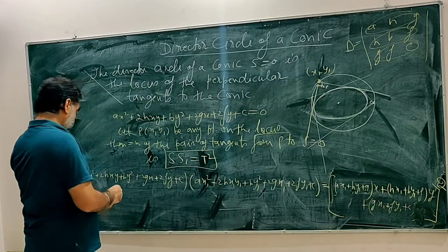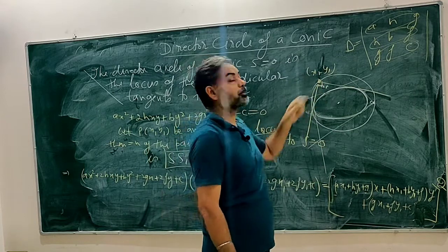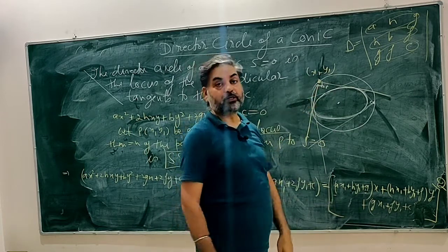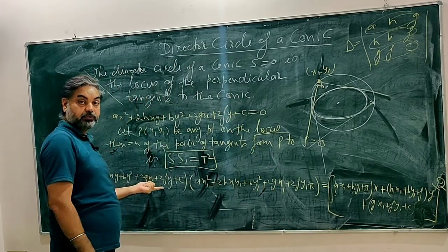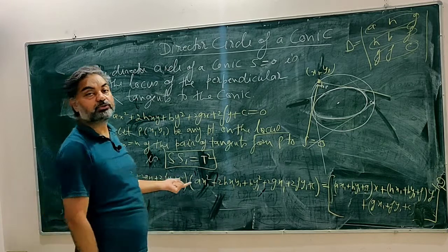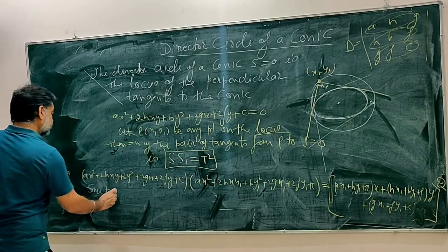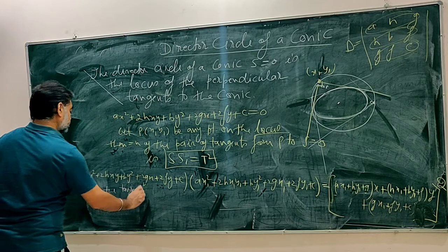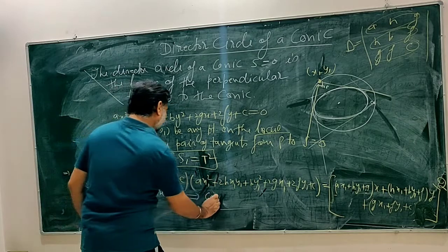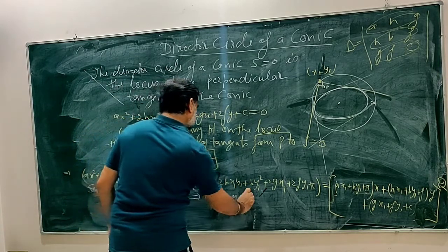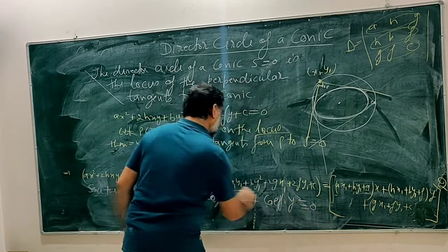Alright. So now these two tangents are not just any two tangents, they are those tangents which are perpendicular to each other. So if these two tangents are perpendicular to each other, then the coefficient of x square plus the coefficient of y square must be equal to 0.